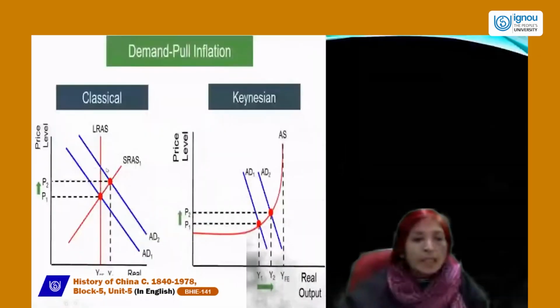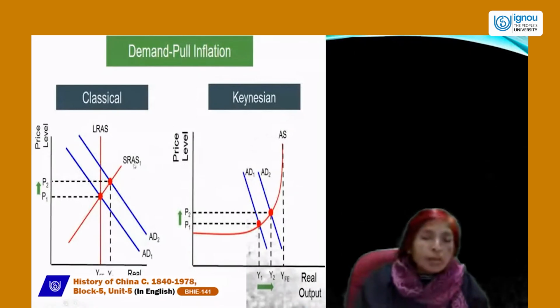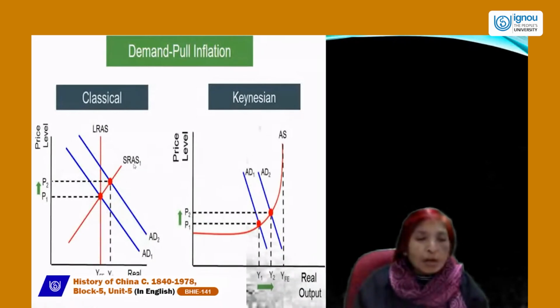If we see that AD2 intersects the LRAS curve at this point, then only price will rise. Income, output, and employment will not increase. And this curve is SRAS. This is an upward sloping curve, which is showing the aggregate supply curve.